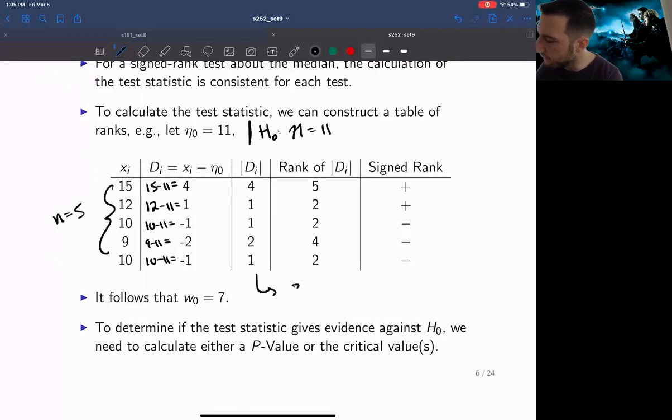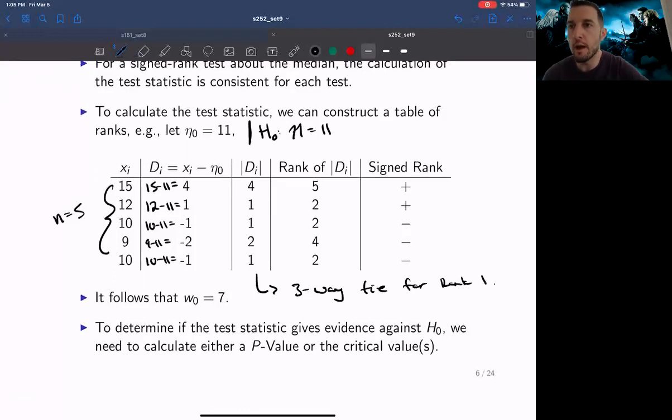Okay, so we have a three-way tie for rank 1. When we have ties, we have to find a way to break the tie. The way that this works is you take the sum of the ranks that could be assigned for the number of values that are tied.